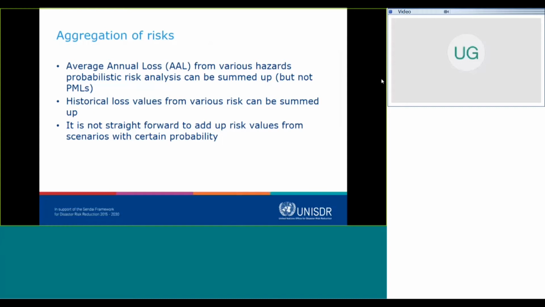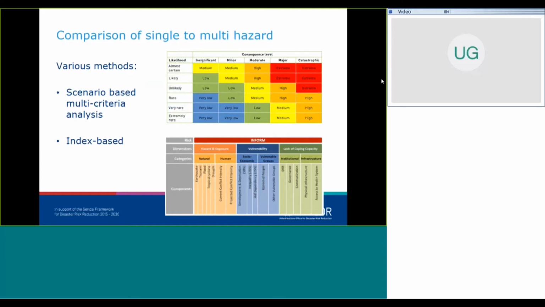The same for historical loss values, you can sum them up. But of course, for the deterministic and scenario-based approach, it's not so easy to aggregate in a calculation. So you will need to set up a comparison methodology.